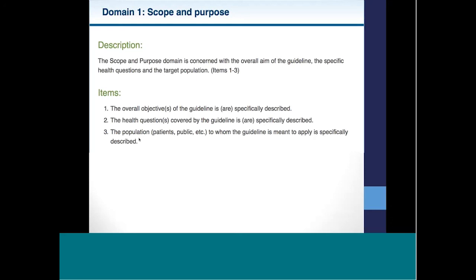Was it diabetes for adults, for children, etc.? So all the descriptions about what population was included and what population was excluded from the guideline should be clearly described in the guideline. So this is the first domain, with the first 3 items, in a very general way to describe.